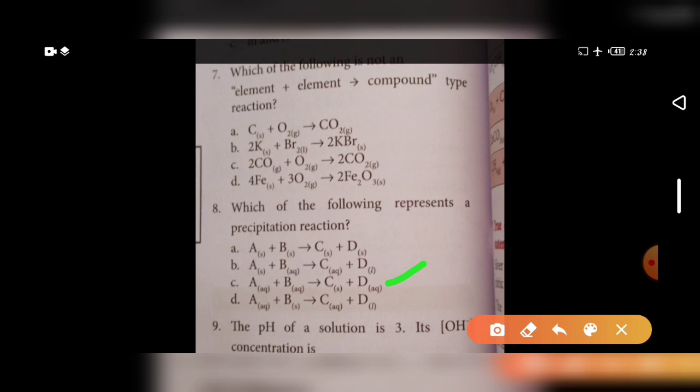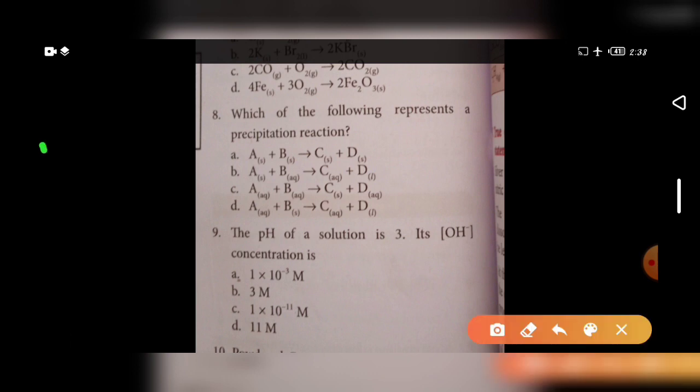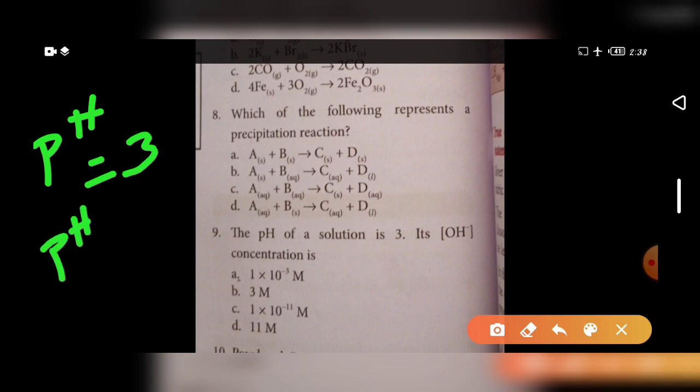Okay, next you go to 9th question. See here the pH of the solution. They directly give the pH of the solution, that is 3. You know very well, pH plus pOH is equal to 14.